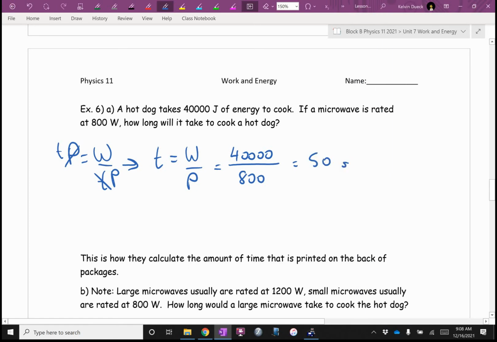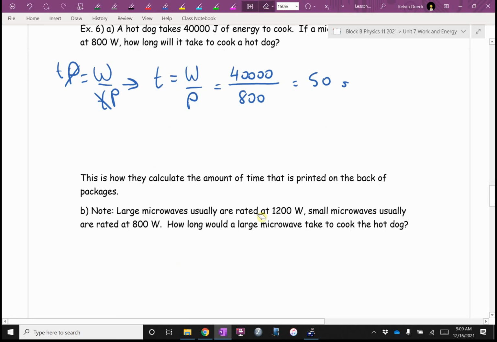So this is how they can calculate how long you need to, the instructions on your microwave package or whatever, this is how they calculate how long you put it in the microwave for. Actually, large microwaves are usually rated at 1,200 watts. Small microwaves are usually rated at around 800 watts. How long would it take to cook this in a large microwave?